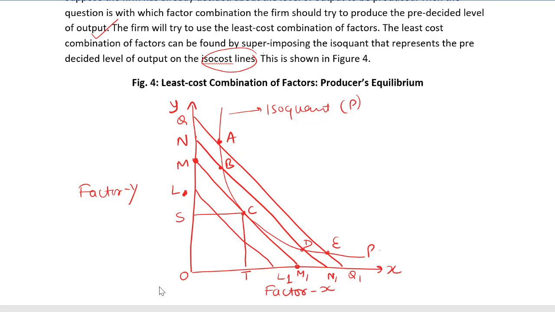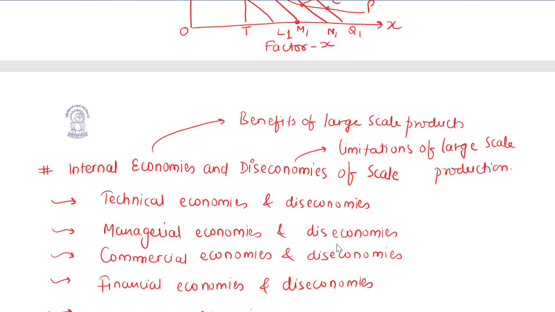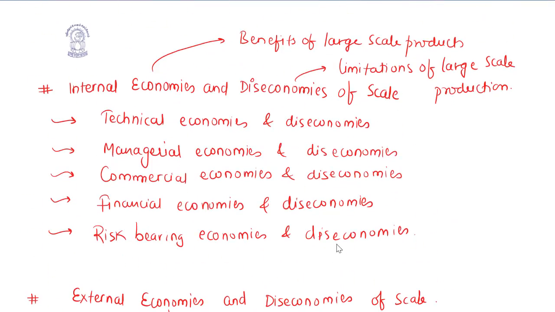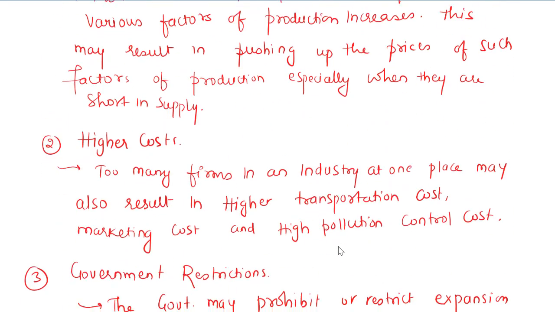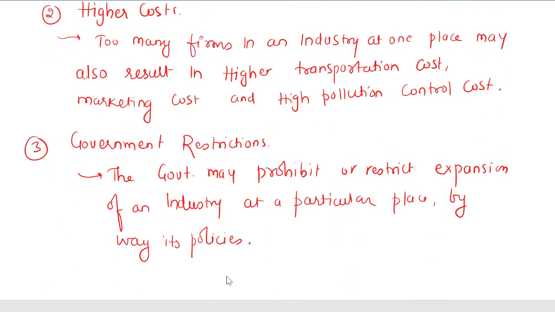If we are able to afford that, it's great. If we are not able to afford it, then in the above example in figure 4, the combination C is the optimum combination, because A, B, D and E are not suitable. So on isoquant P, the best combination is C. Then we have seen internal economies of scale, internal diseconomies of scale, external economies of scale, and external diseconomies of scale.